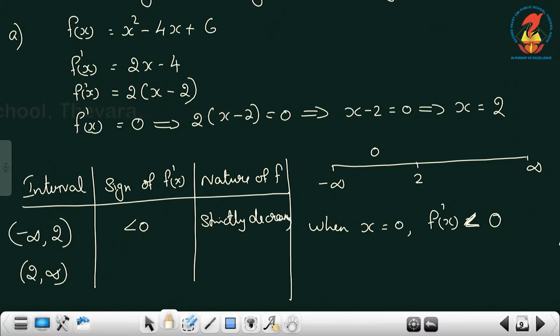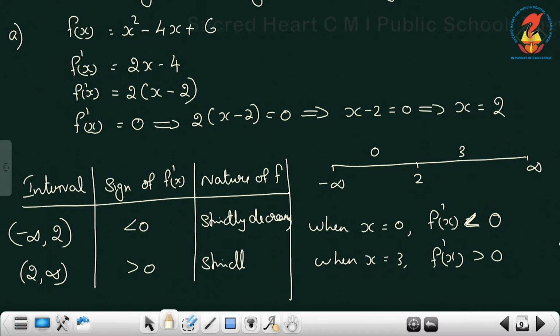Now from the next interval 2 to infinity, I can take 3. When x is equal to 3, substitute in f dash x: 2 into 3 minus 2, 3 minus 2 is 1, 1 into 2 is 2. That is f dash x is positive, so strictly increasing.